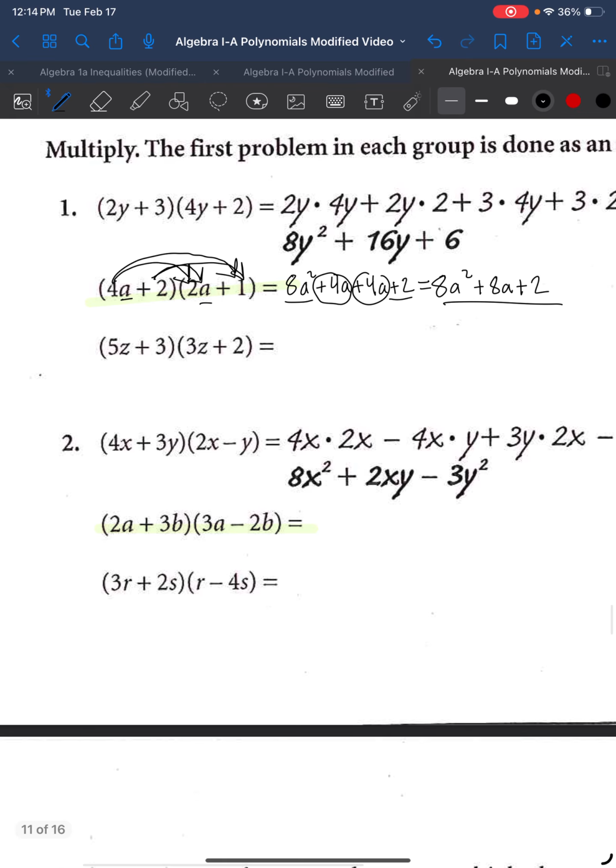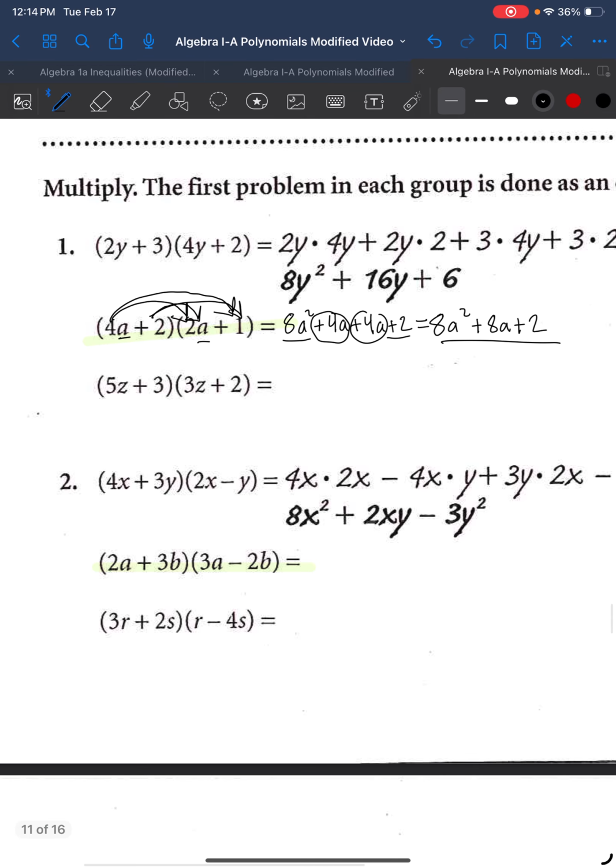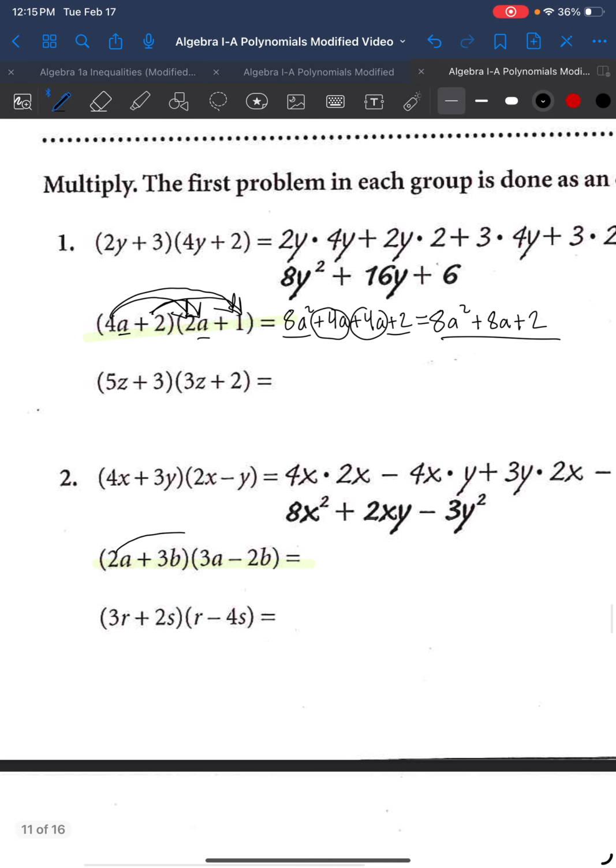Okay, so this next highlighted one, we're going to do the exact same thing. There are just some parts of this that we have to be careful with and make sure we don't accidentally lose track of letters. So if I have 2a times 3a, 2 times 3 is 6, and then a times a is a squared.